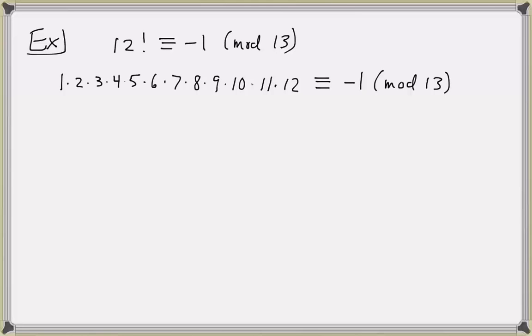So the factors 1 through 12 multiplied together are congruent to negative 1 mod 13. I'm going to replace the factors 7 through 12 with a negative residue. So I'm going to rewrite this as 1 times 2 times 3 times 4 times 5 times 6, and then 7, I'm going to think of that as negative 6 mod 13.